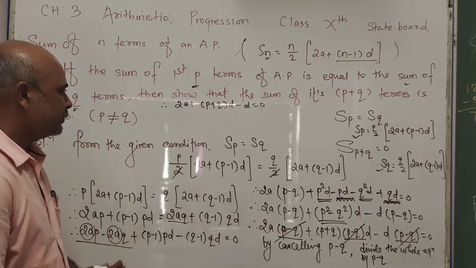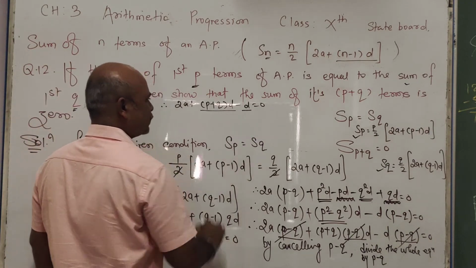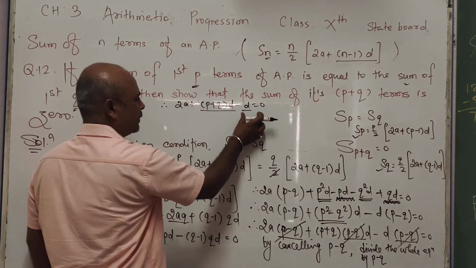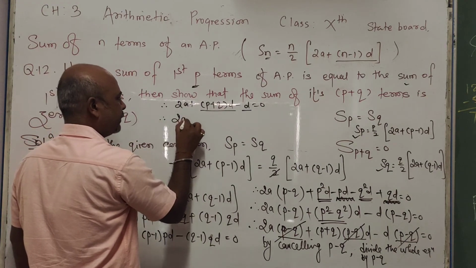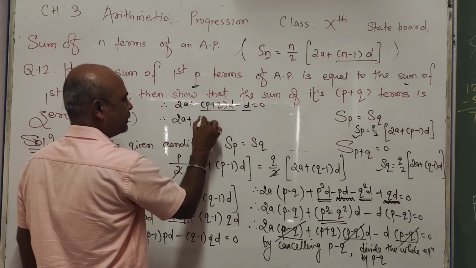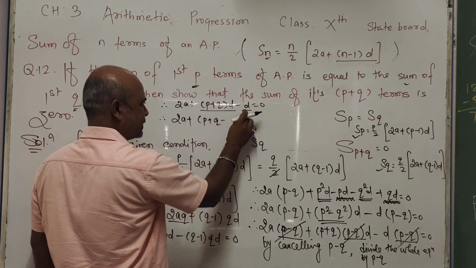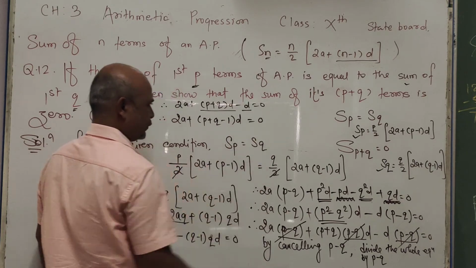Now again students, you will see that in this equation, in the last two terms, d is common. So when we take d common from these two terms, what you will get? Therefore 2a plus, this is p plus q, d is common, so minus, here you will get 1 into d, and this is equal to 0.